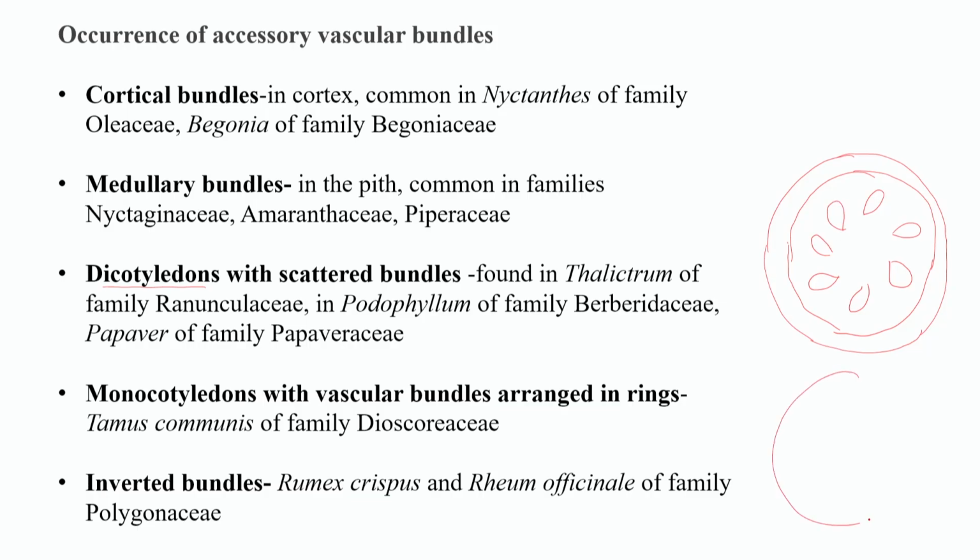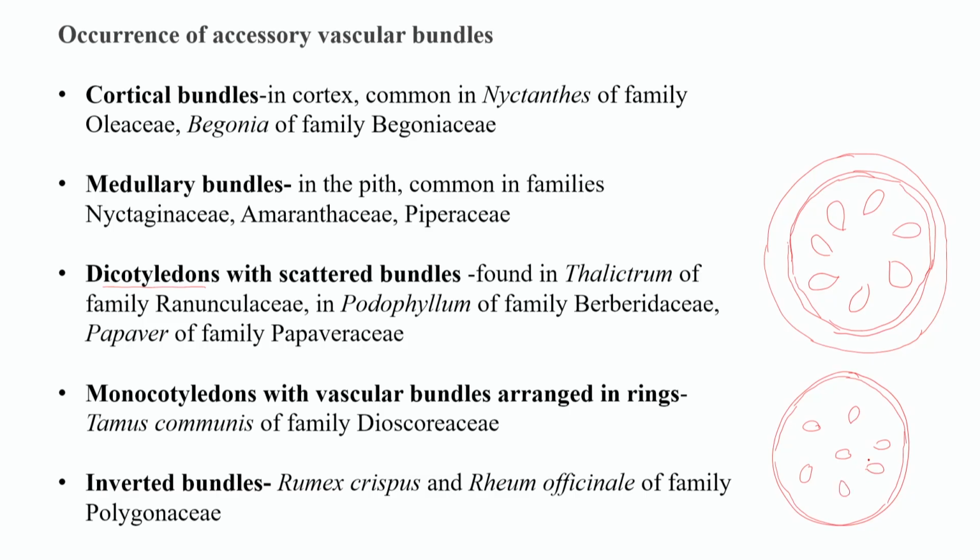Similarly, in monocot you will have a small hypodermis and then a complete ground tissue in which the vascular bundles will be scattered. You will have epidermis, cortex, hypodermis, then endodermis, pericycle and pith. All these things will be there, but in monocot a lot of vascular bundles will be scattered.